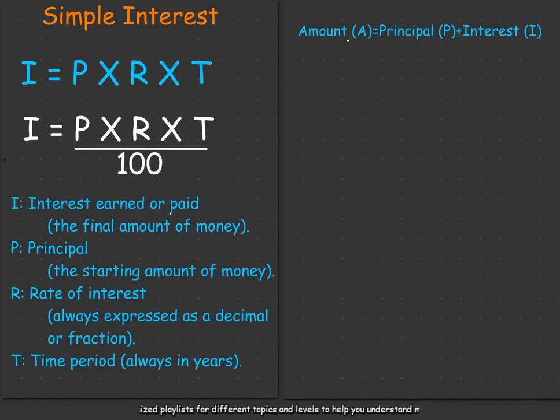For the total amount, you would have to pay back the principal plus what? The interest. So with this, let's solve some real world examples and see how best we can understand this concept.